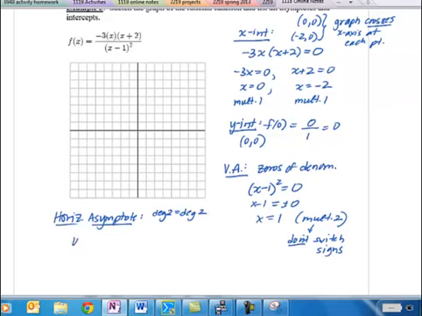So we know we'll have y equals leading coefficient of the numerator over lead coefficient of the denominator. The leading coefficient of the numerator, if I expand this, I'd have a negative 3x squared, so negative 3. And in the denominator, there would just be a coefficient of 1 on x squared, so negative 3 over 1. So y equals negative 3.